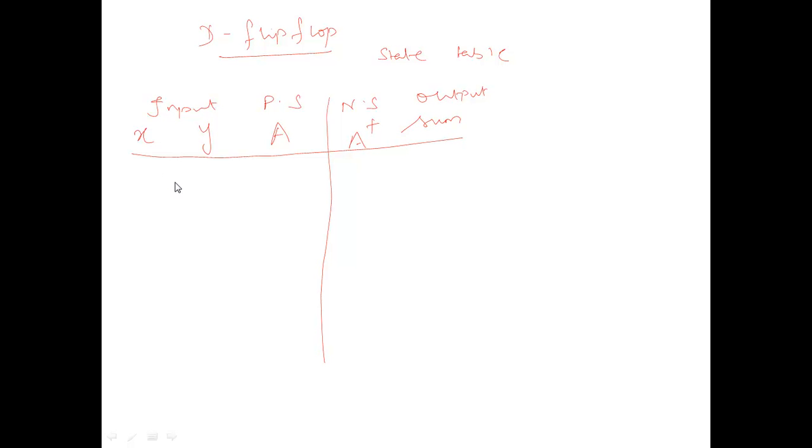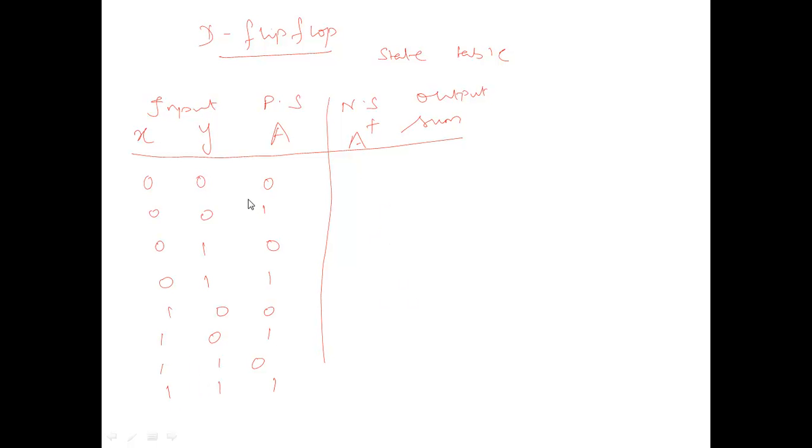For the inputs and the present state, you will have 8 possible combinations: 000, 001, 010, 011, 100, 101, 110, 111. All possible combinations of the input and the present state.